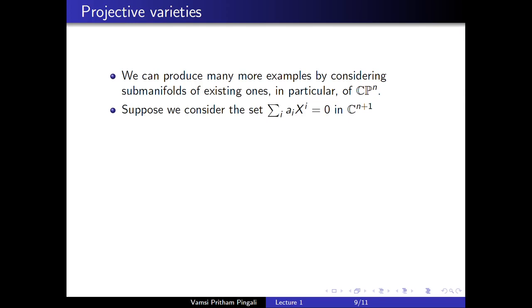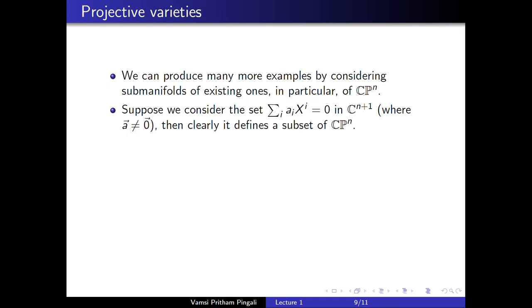So here's a very interesting way to do that. Suppose you consider this plane in Cn plus 1 given by a linear homogeneous polynomial set to 0, where this vector A is not 0 identically. So meaning that, for example, the plane x0 equals 0 is an example, x0 plus x1 is 0, etc. This is a priori a subset of Cn plus 1, but it also defines a well-defined subset of CPN.